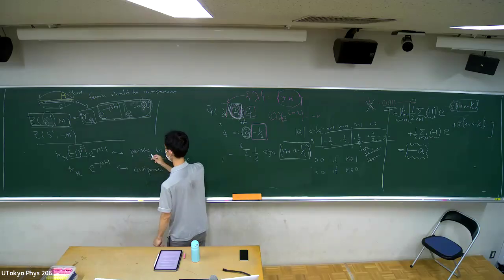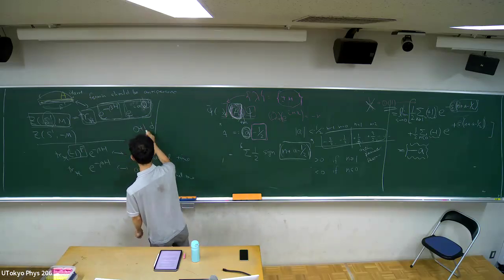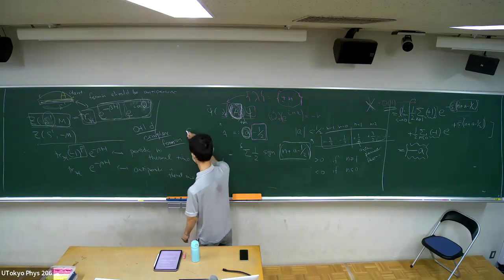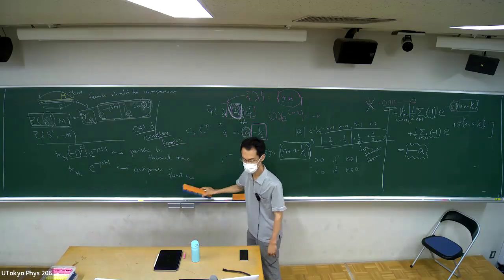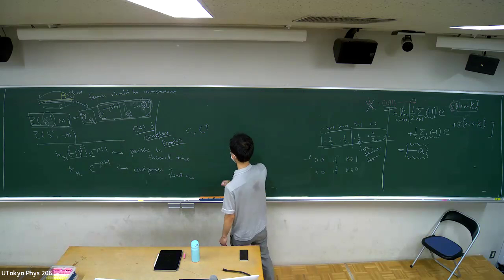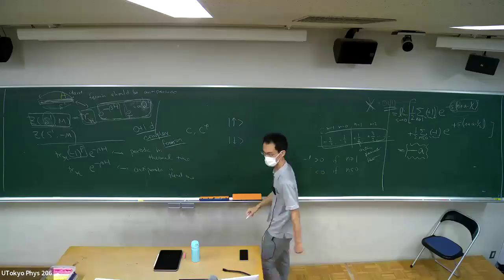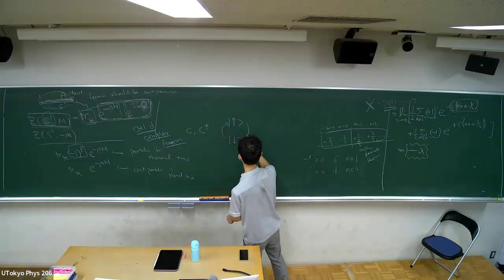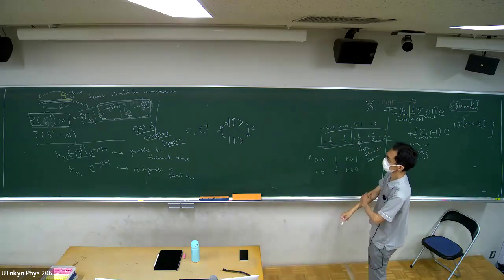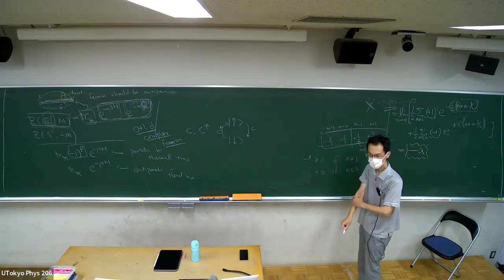But here we are just considering a 0 plus 1D complex fermion. So this is just a pair of fermion operators C and C dagger. And the Hilbert space is just a qubit where C dagger and C act as fermionic creation and annihilation operators.